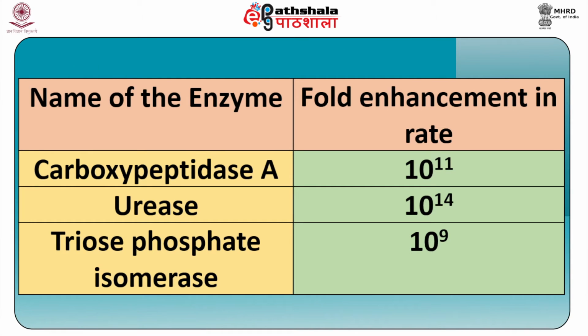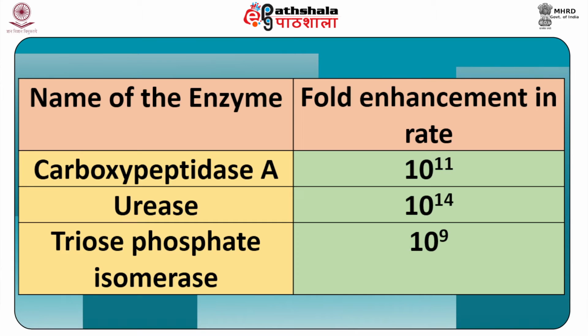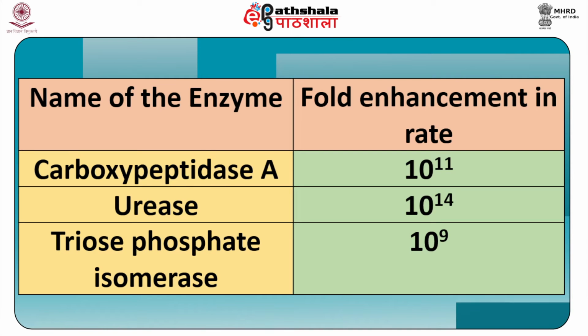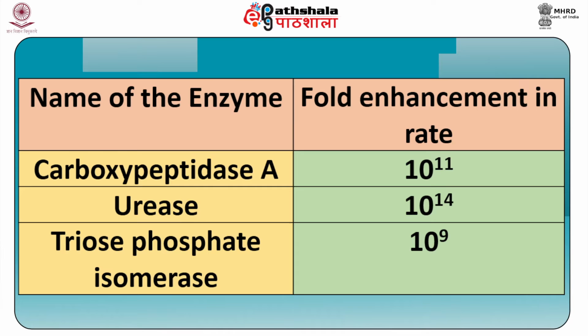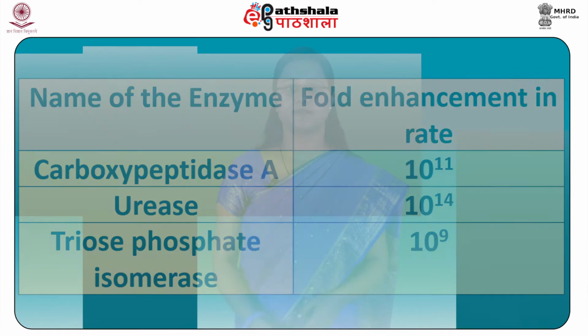We can see a few examples like carboxypeptidase A. The fold enhancement of the reaction in the presence of this particular enzyme is 10 to the power 11, while in case of urease it is 10 to the power 14. So one can notice the fold enhancement in rate with and without the enzyme. For triose phosphate isomerase, this is 10 to the power 9.